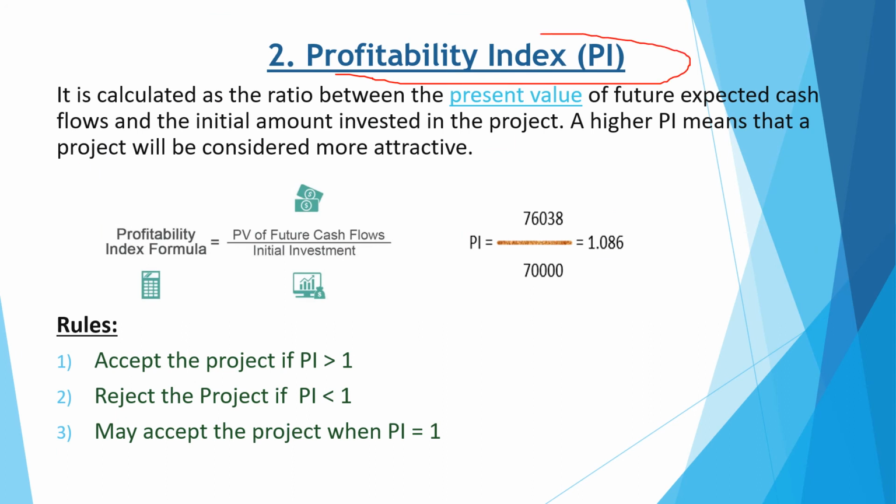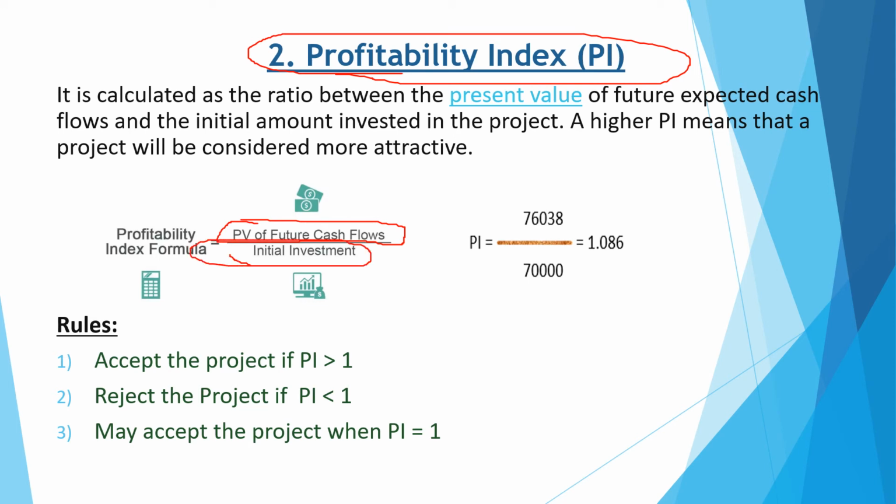What is the profitability index? It is another modern approach of capital budgeting decision. And how do we calculate this one? We take the present value of all cash flows and divide it by the initial investment.